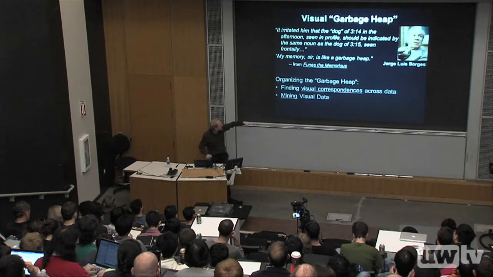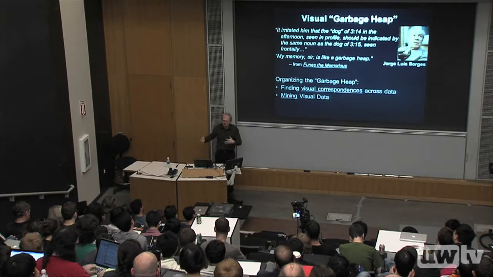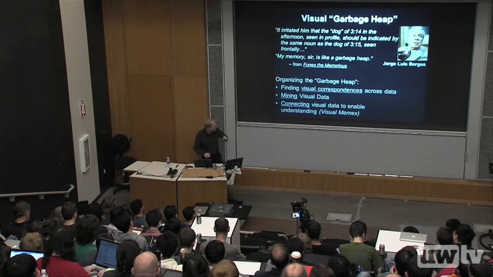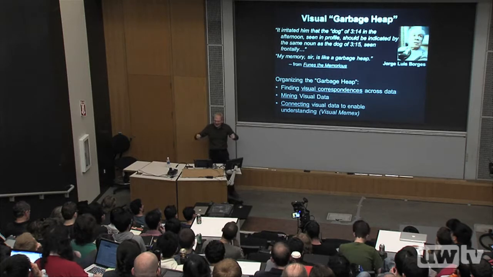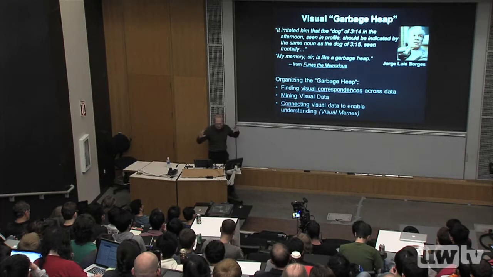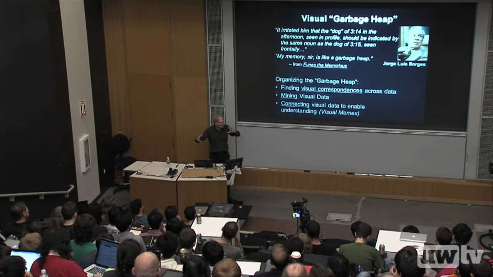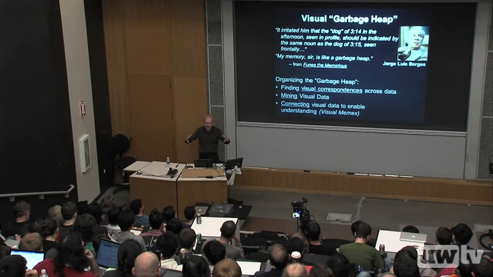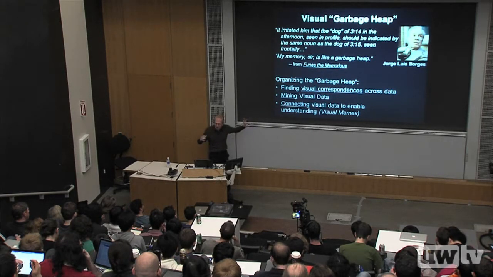If we have that, we can then do general mining of visual data, just like they do mining of textual data. And then we can do something even more exciting, which is to connect visual data in what we call the visual memex, a big graph of everything, just like there is a hypertext graph in text. We can try to do this for visual data as well.